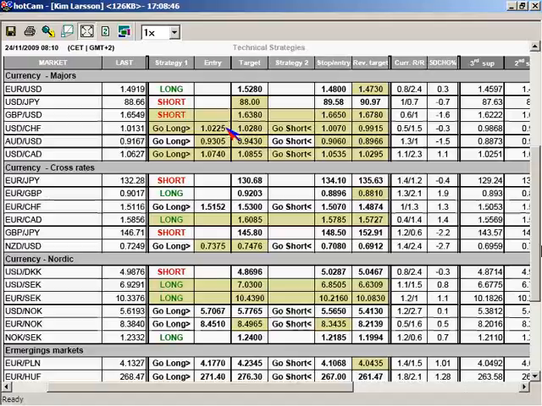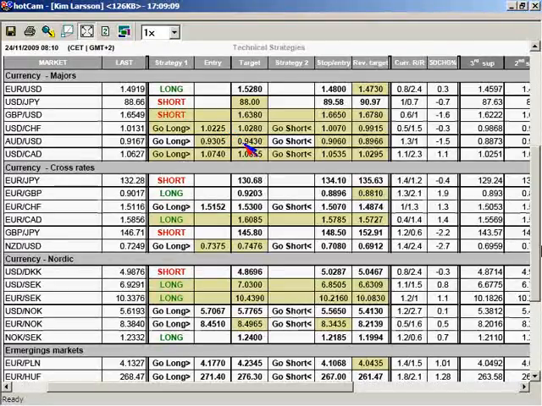There are, of course, some stops hidden behind this. As long as we are trading between 1.0070 and 1.0225, we do not have a position in dollar Swiss.